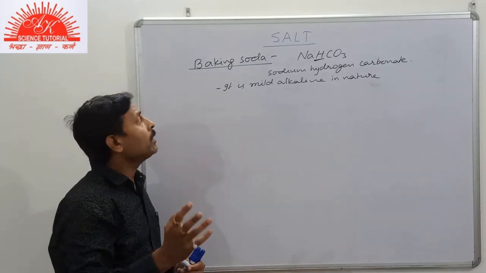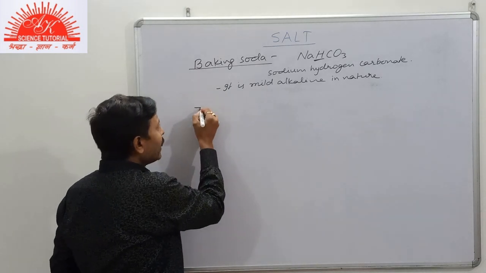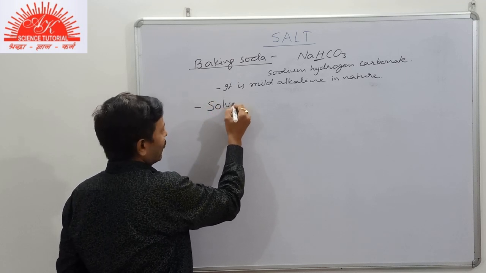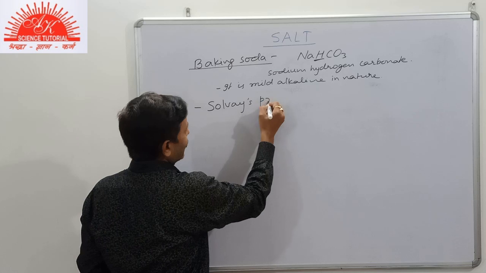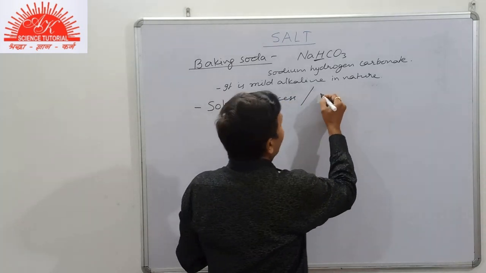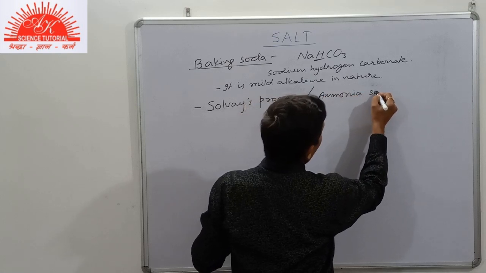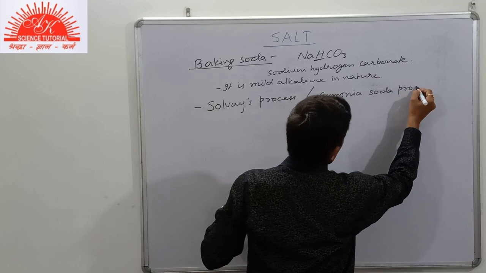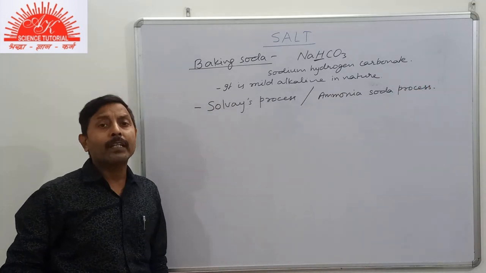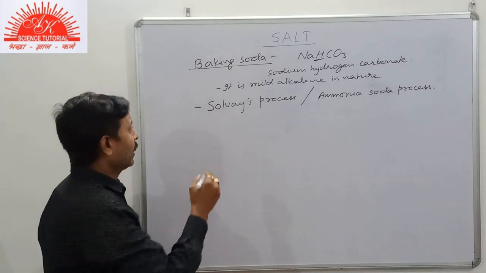Now, how is the washing soda or baking soda prepared? Industrially it is prepared by the Solvay process, also known as the ammonia soda process. Now we see what the raw materials used in it are.